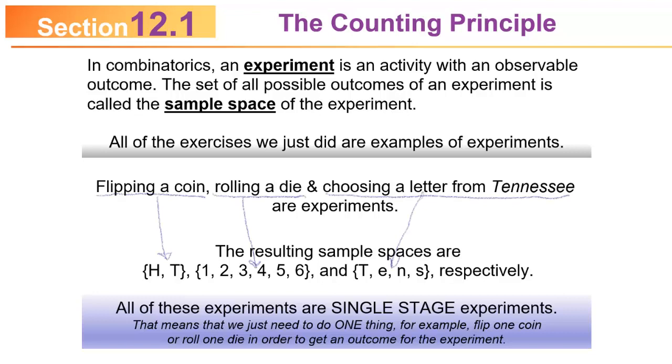Now, all of these experiments do have one other thing in common, in that they are called single-stage experiments. All that means is we just needed to do one thing. For example, if we're flipping the coin, we just need to flip a coin one time. Roll the die, just roll it once, in order to get the outcomes. That's a single-stage experiment where you really only have to do one thing to get the sample space.